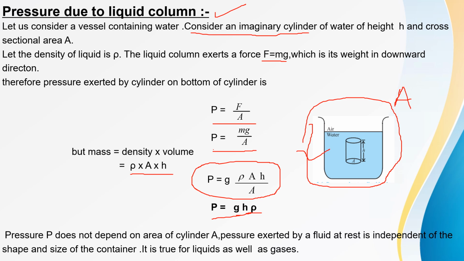Now if you see the formula P = hρg, the area of cross section is absent. It means that the pressure exerted by a fluid at rest is independent of the shape and size of the container. It is true for liquids as well as gases.